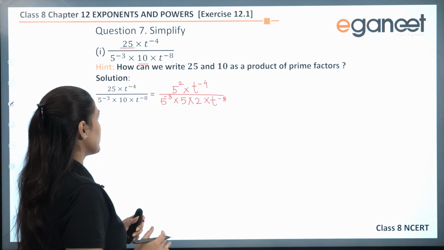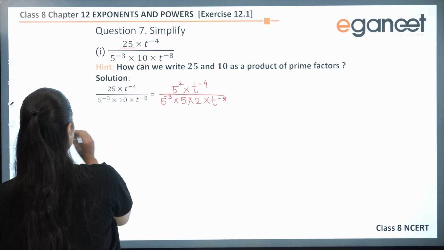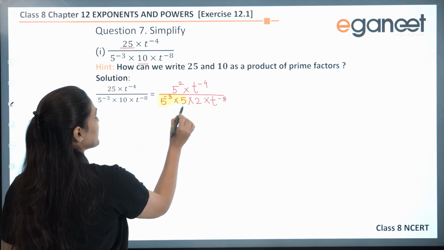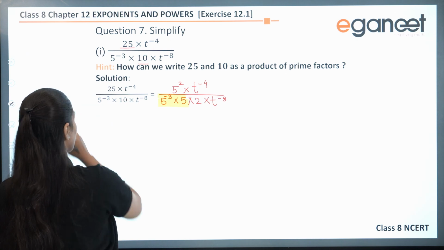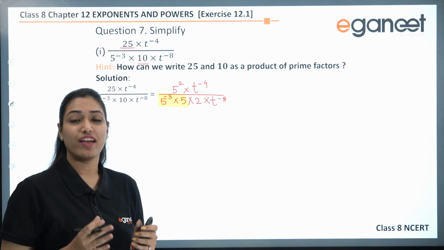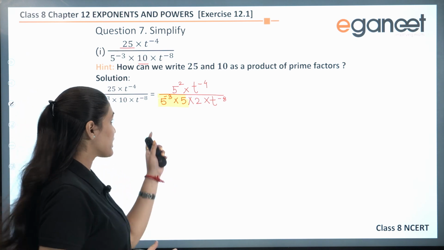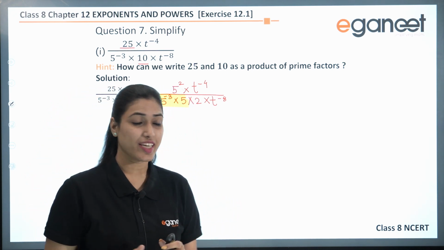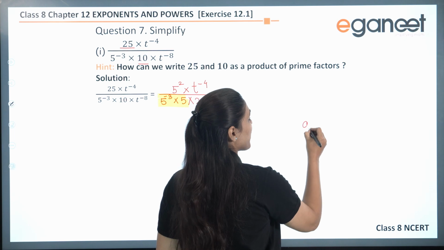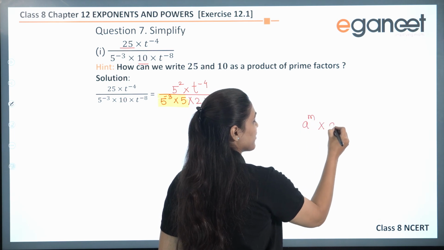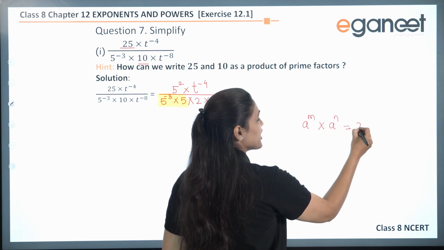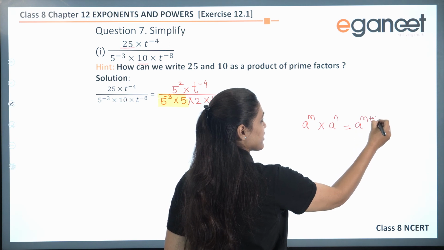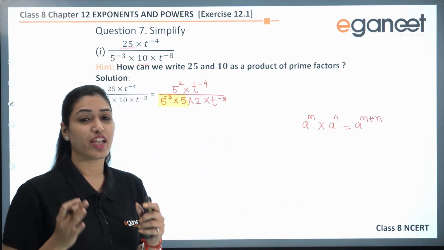Now, if you observe in the denominator, we are multiplying the powers having the same base. Here the base is 5 and we know the law related to it: a to the power m into a to the power n is equal to a to the power m plus n. That means we have to add up the exponents.